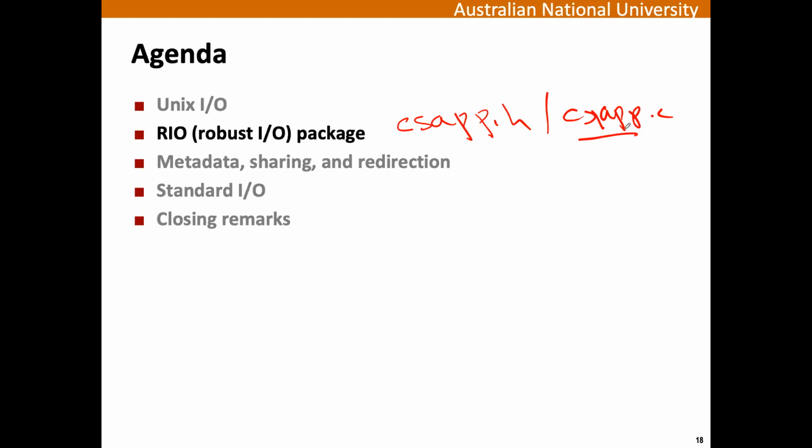We don't want you to use the read and write system calls directly. I'm going to explain how the robust I/O package implements wrappers for those system calls, allowing for short counts. And you are going to use these starting lab 8.